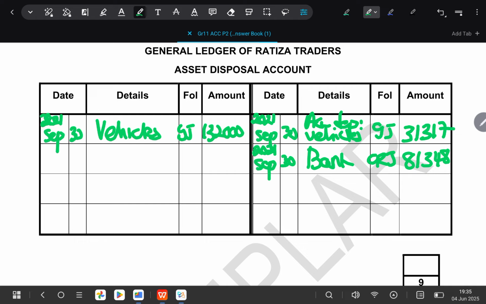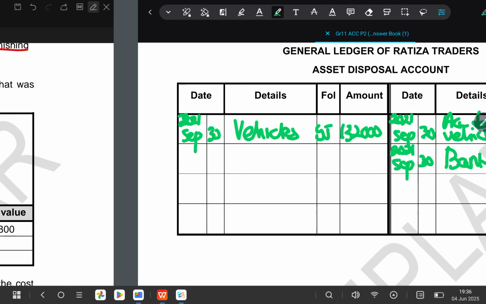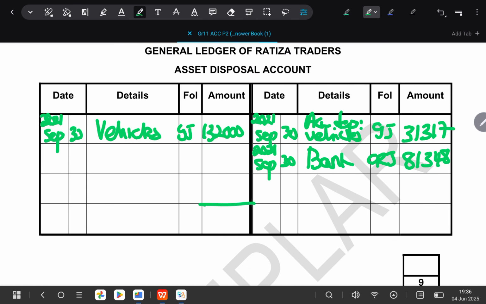So if we say 31,317 plus 81,348, let me check here, 81,348. So the bigger side is 132,000 when we balance this. So you close it off, you'd have 132,000 here, and then you also have 132,000 here.